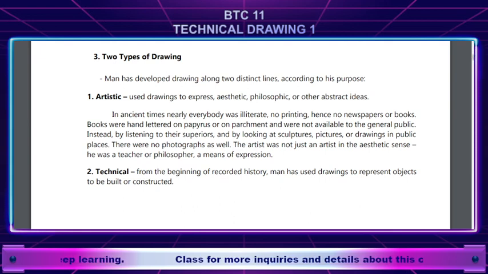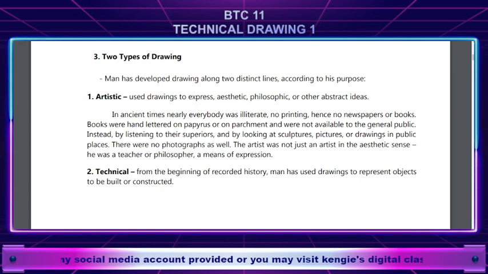Instead, people learned by listening to their superiors and by looking at sculptures, pictures, or drawings in public places. There were no photographs before as well. The artist was not just an artist in the aesthetic sense, but he was a teacher or philosopher as a means of expression. That is what is meant by artistic drawing.